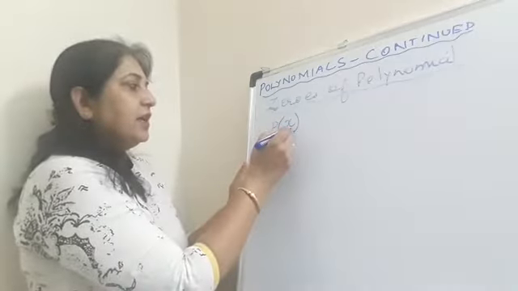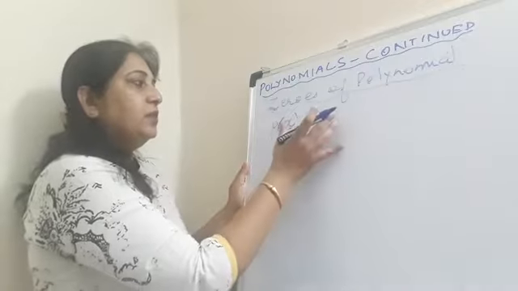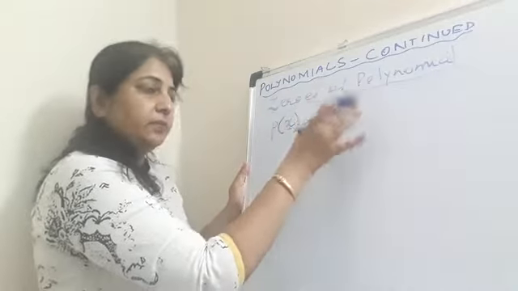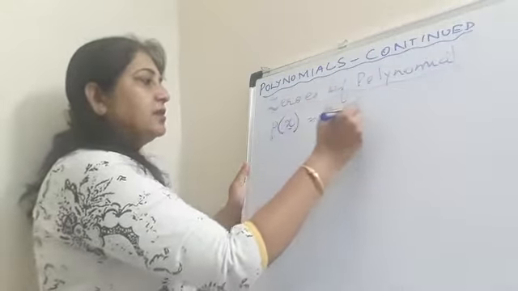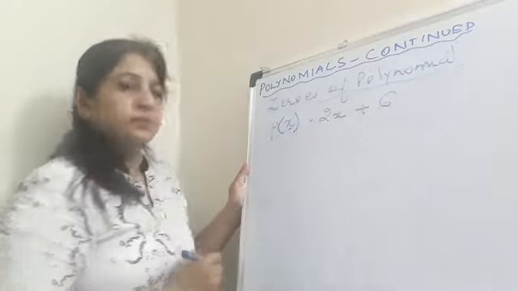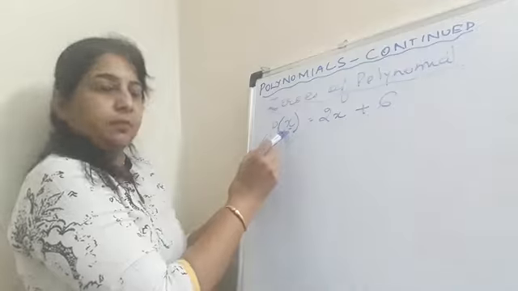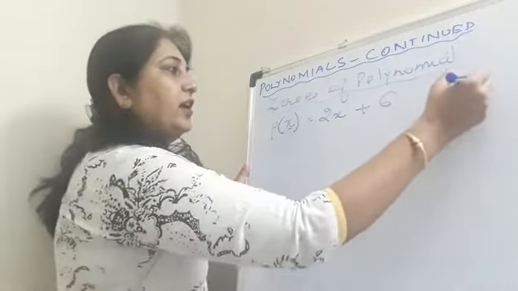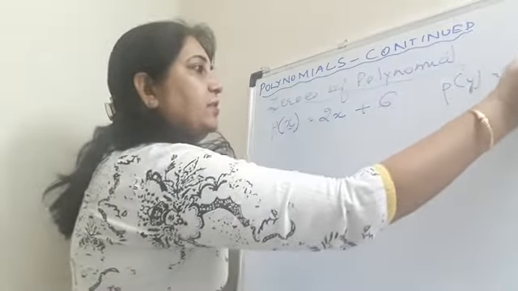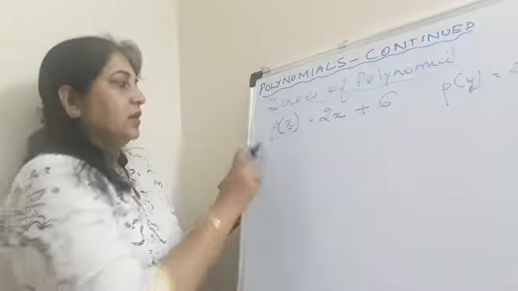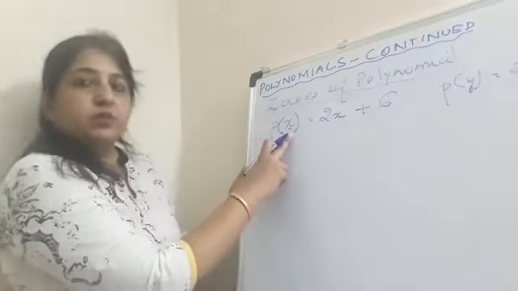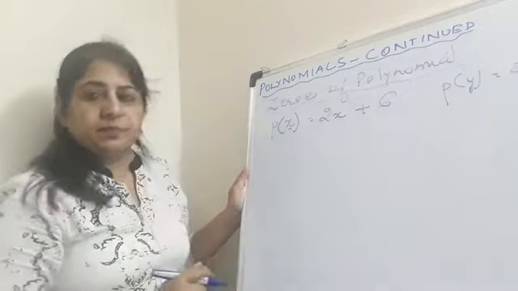Whichever variable is written inside means the polynomial is in that variable, like 2x plus 6, right? This is a polynomial in x, so we write p(x). If there is a polynomial in y, it will be 2y plus 6. So understood? Polynomial in x, suppose we take up 2x plus 6.